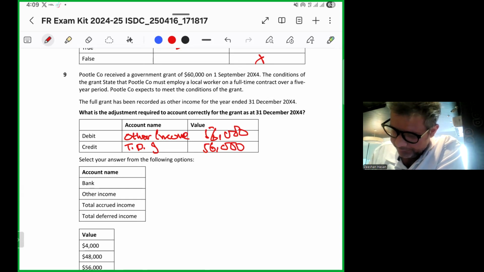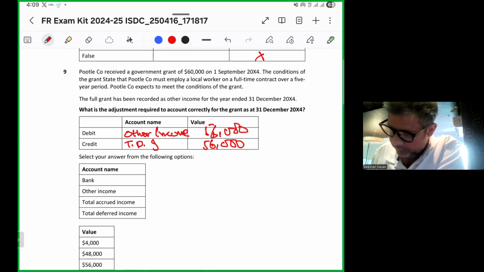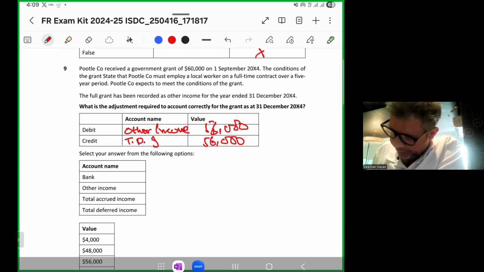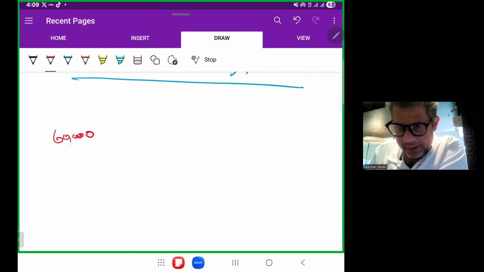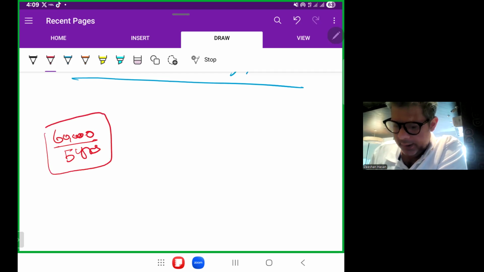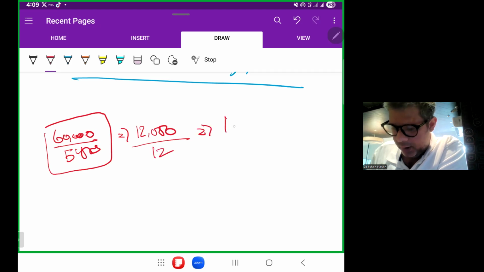Let's see. Let us move back here. 60,000 represents 5 years. Okay, that means 12,000 per year, and per month it's dollar 1,000. Per month it's dollar 1,000.